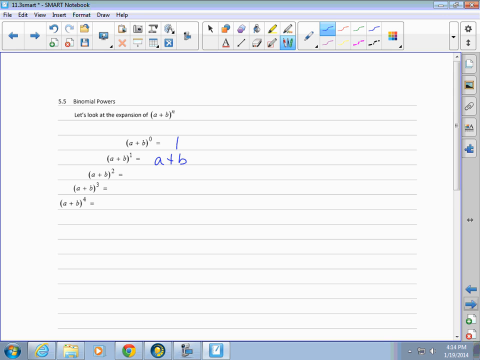A plus b squared is a plus b times a plus b. You can write it out and FOIL it, or you can do our shortcut method: square the first term, 2 times the terms, so 2 times a times b is 2ab, and then square the last term to get b squared.